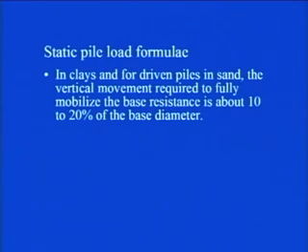In clays and for driven piles in sand, the vertical movement required to fully mobilize the base resistance is about 10 to 20% of the base diameter. So, we really have to keep a check on what exactly should be the vertical movement such that the total skin friction is mobilized along the length of the pile shaft, and then beyond that the point bearing is getting mobilized.